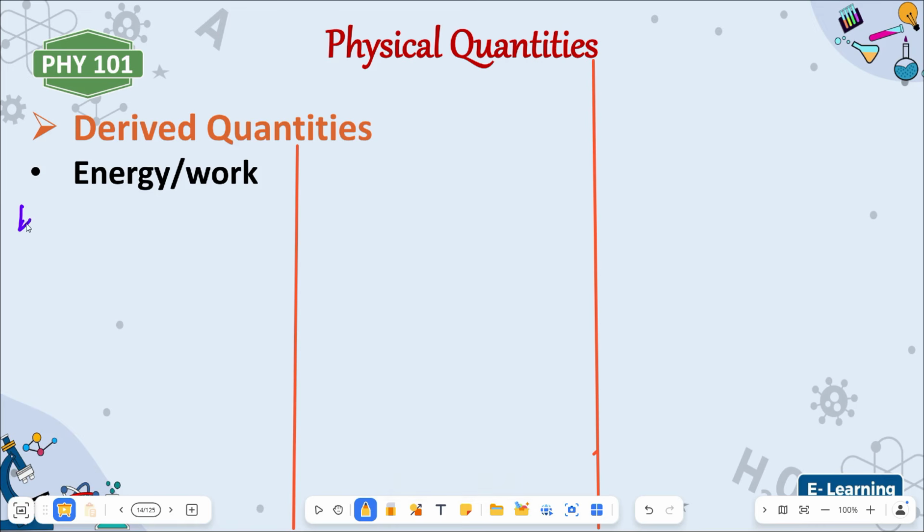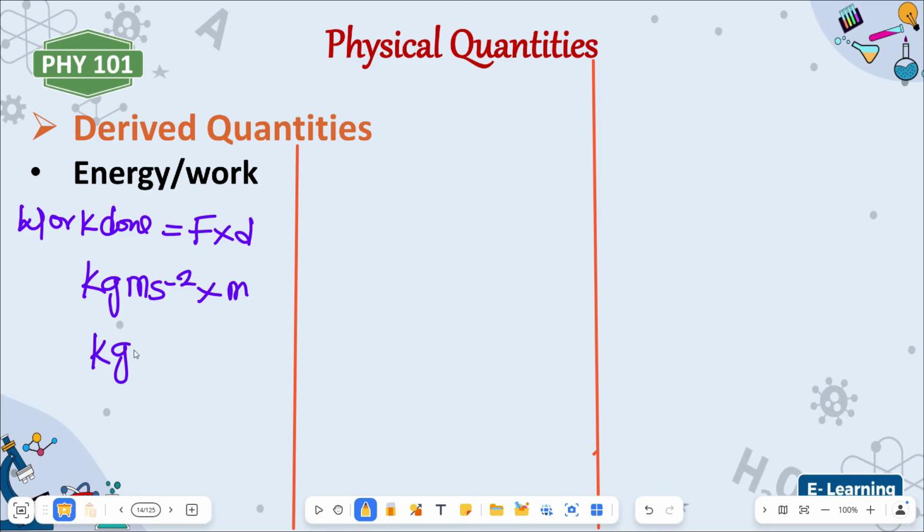I told you that work done is force times distance, which is also equals to energy. Dimension for force is what? Kg meter per second square. Dimension for distance is what? M. So work done will be M multiplied by this. That will give us kg. M times M will give us M square. Then second to the power of minus 2.